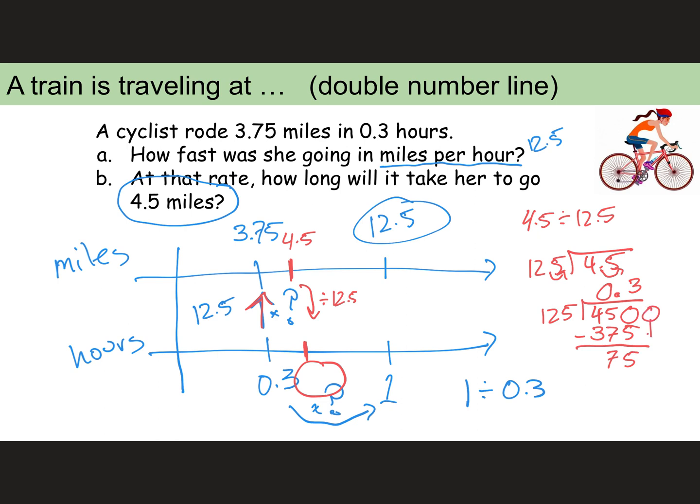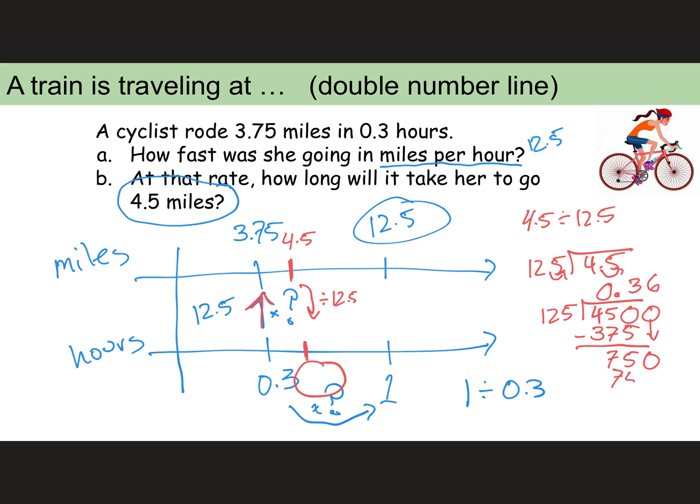How many times does 125 fit into 750? 125, 250, 375, 500, 625, fits in 6 times.